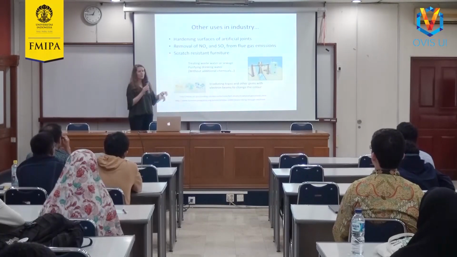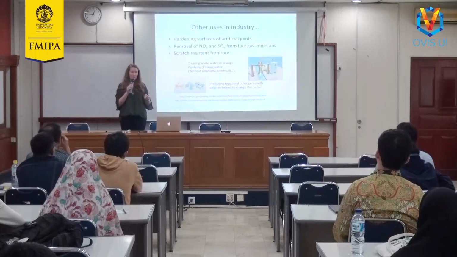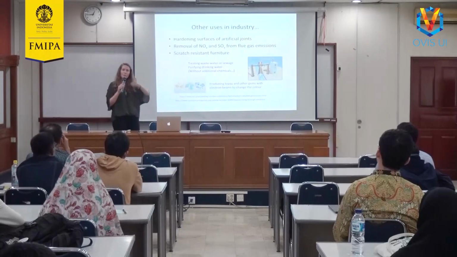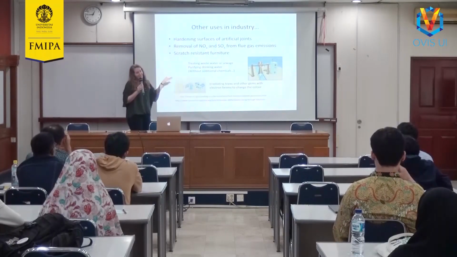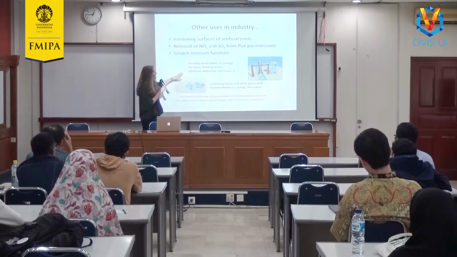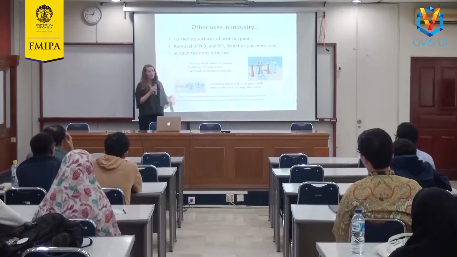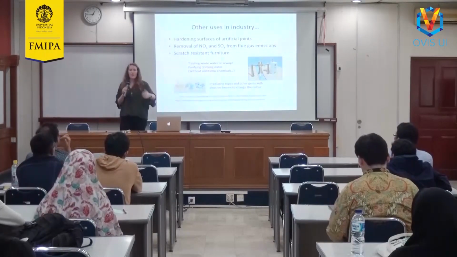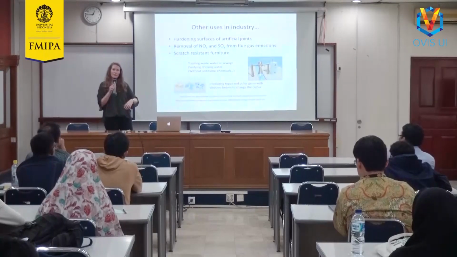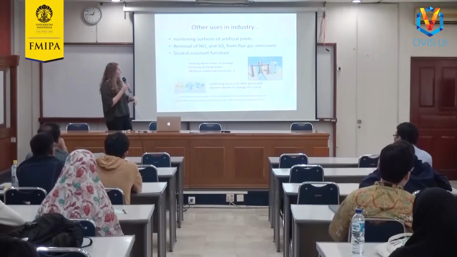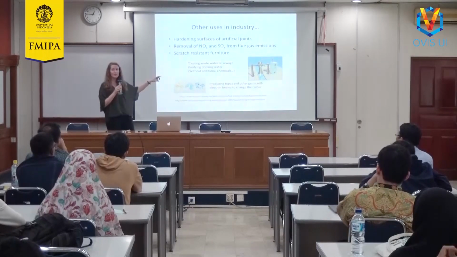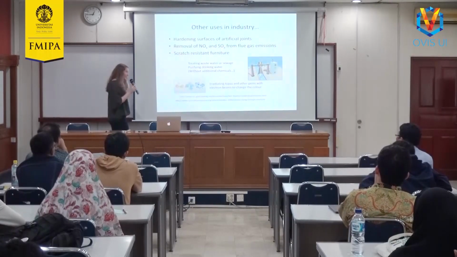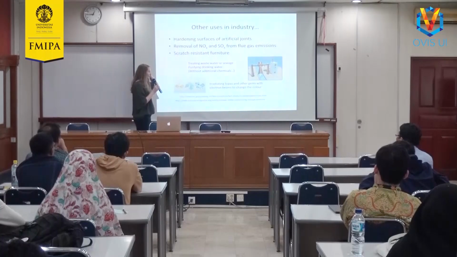They can remove things like nitrous oxide and sulfur oxide from flue gases, usually from power plants. Scratch-resistant furniture. They can also treat wastewater to reduce the levels of chemicals put back into the environment after factories use the water. South Korea is taking that one up quite actively.